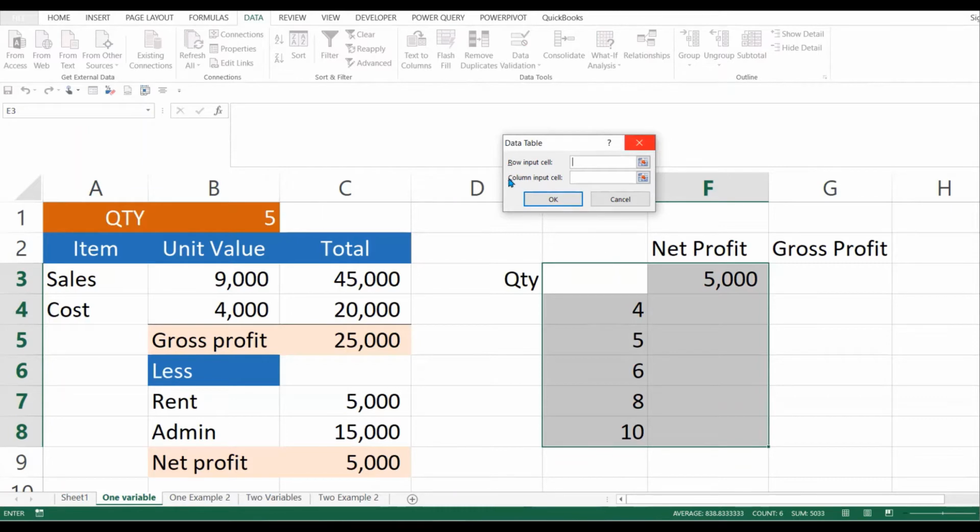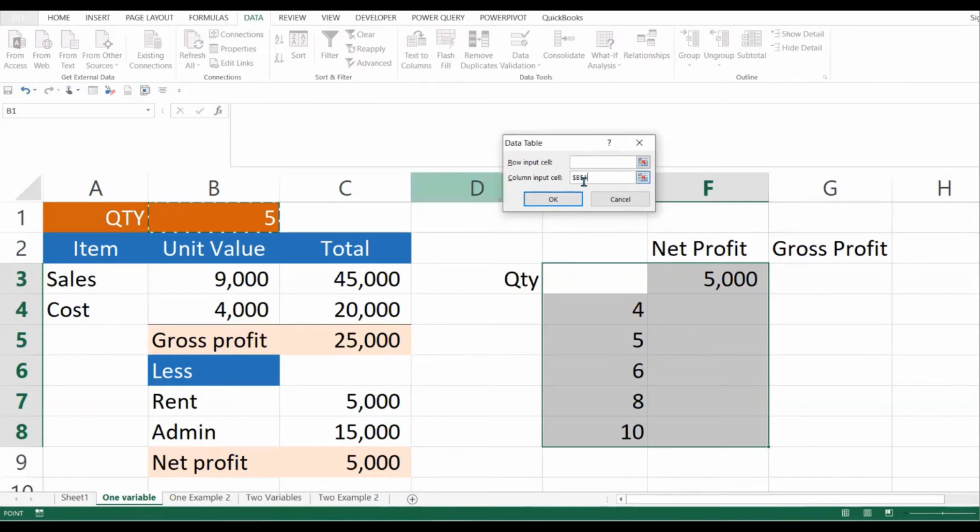So we shall use the column input cell. So we click on the column input cell, and the column input cell is quantity. So we go and reference. After clicking on this, we click on our quantity in our model here. Where is our quantity? Our quantity is 5. So we click on 5. And that is it.